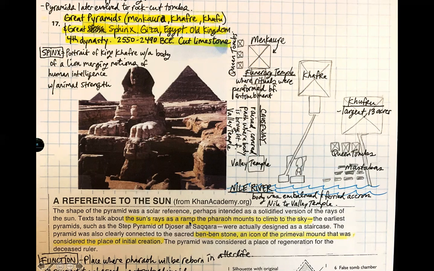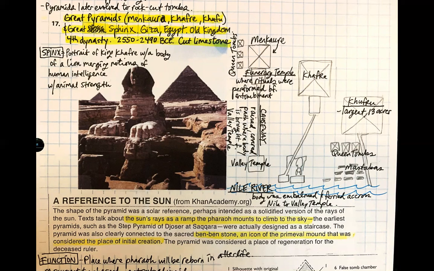Okay, we do need to highlight, or let's read over what Khan Academy said, because there's a reason why the stepped pyramid points up. It's very specific, and then why this pyramid also points up. So the shape of the pyramid was a solar reference, perhaps intended as a solidified version of the rays of the sun. Texts talk about the sun rays as a ramp the pharaoh mounts to climb the sky.